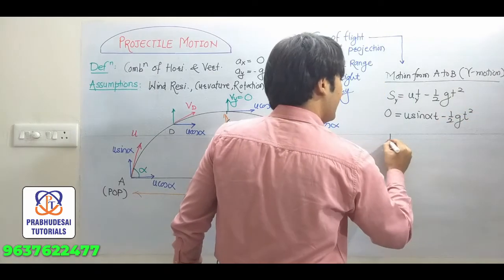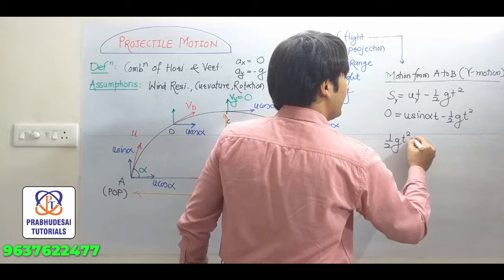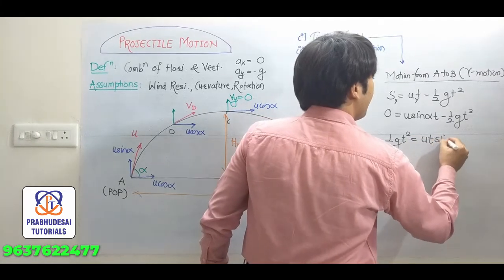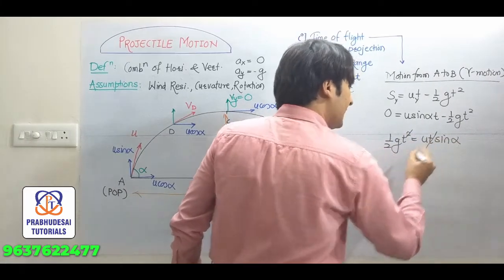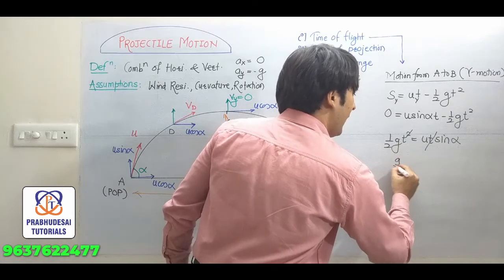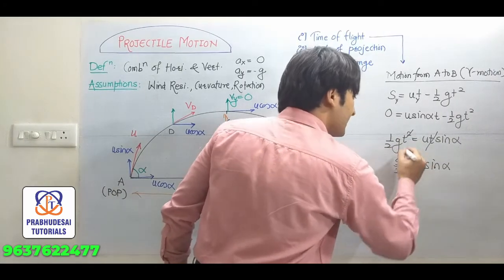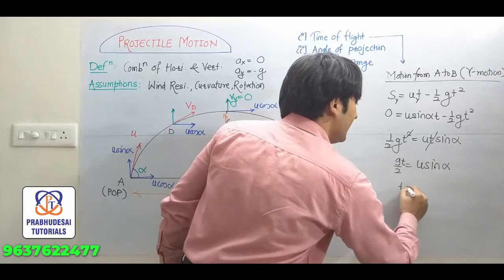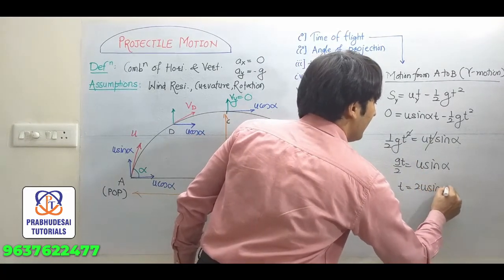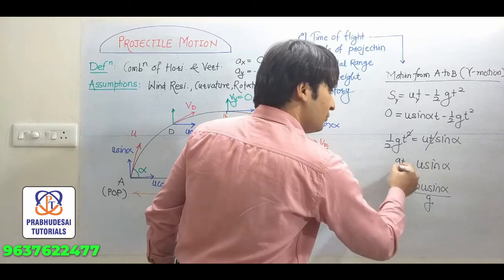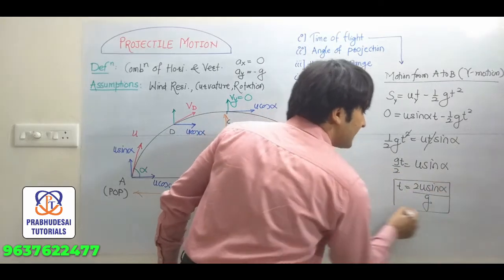So half gt square is equal to ut sin alpha. I can just cancel t. So g by 2 is equal to u sin alpha, and what is left here is t. So what is t? T is 2u sin alpha upon g, and this is the time of flight.